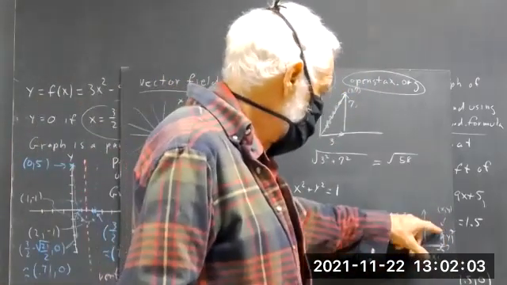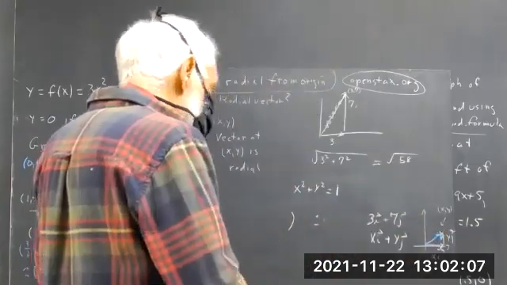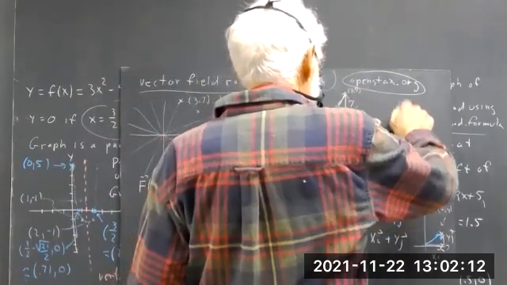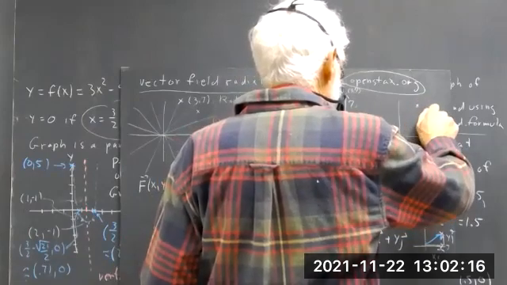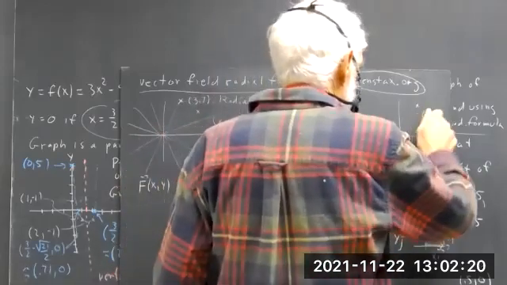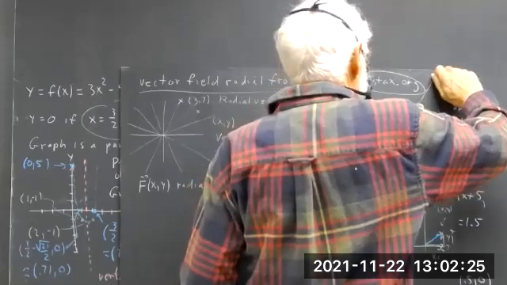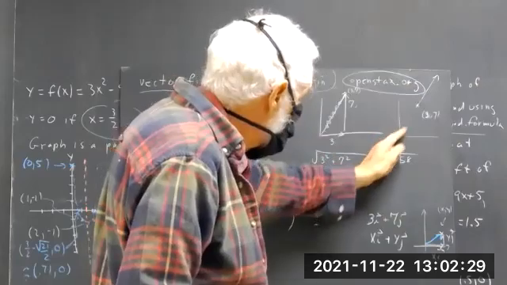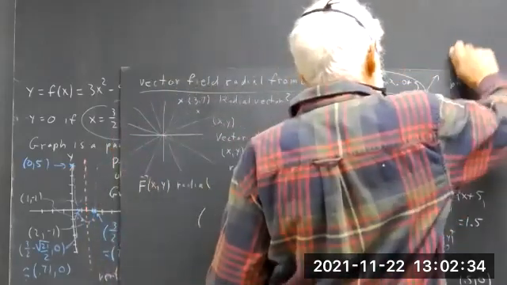So that vector would be radial at this point. Now we would maybe draw that like so. Up here, we've got the point 3, 7, and we want the vector 3i plus 7j to be associated with the point 3, 7. We probably draw the vector originating from that point. Now, I didn't quite get that right. It should be pointing directly away from the origin along the radial line.